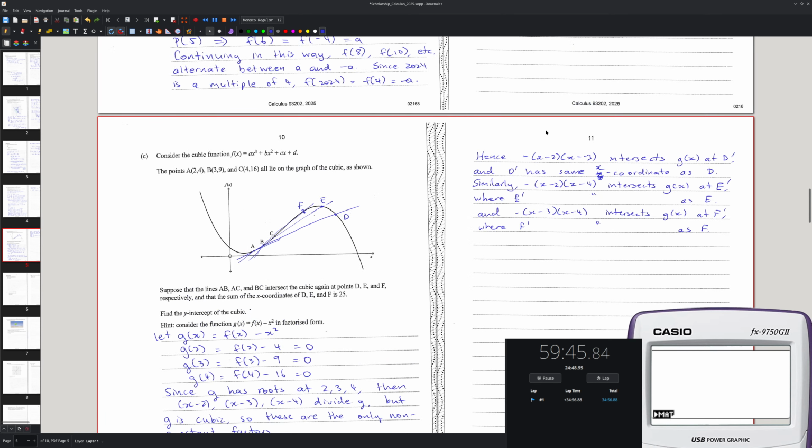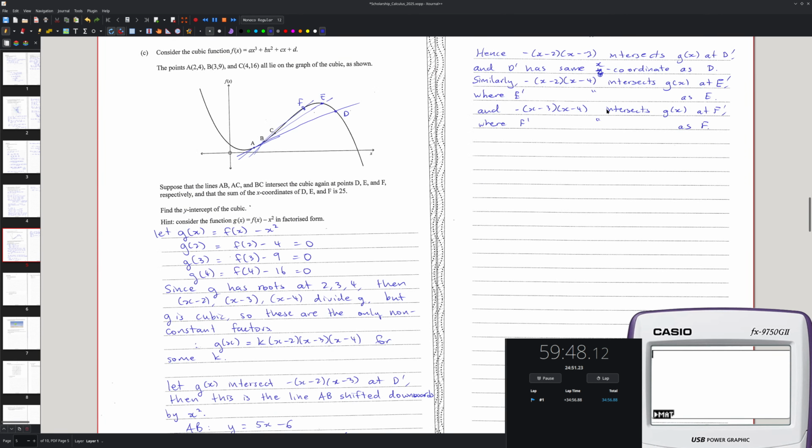Right, so okay, we just need to solve this, right? So if negative x, x minus 2, x minus 3 equals k, x minus 2, x minus 3, x minus 4, then negative 1 equals k, x minus 4, right? So x of D equals 4 minus 1 over k.